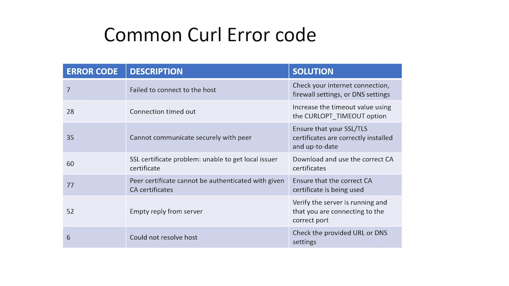So one is error code 7. If we are getting error code 7, it means that our curl tool failed to connect to the host, meaning we are not able to connect to the URL that we have provided. The host may not be available, or we may have mistyped the URL, or maybe the settings are not correct.